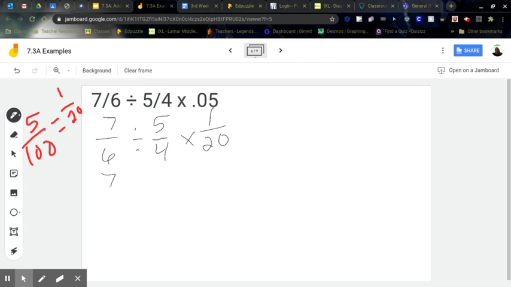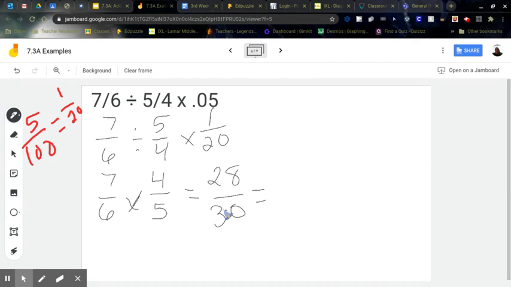That means 7/6, keep that one, change my division to multiplication, and flip 5/4 to 4/5. 7 times 4 is 28. 6 times 5 is 30.